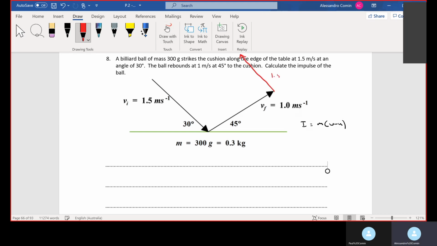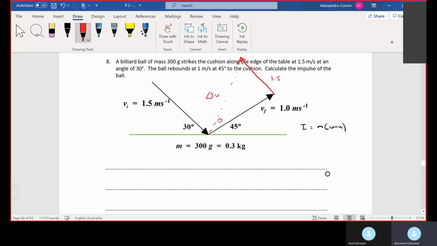So we're going to have 1.5, and this is going to be delta v. And obviously the angle is going to be theta, and this whole thing is going to be theta.